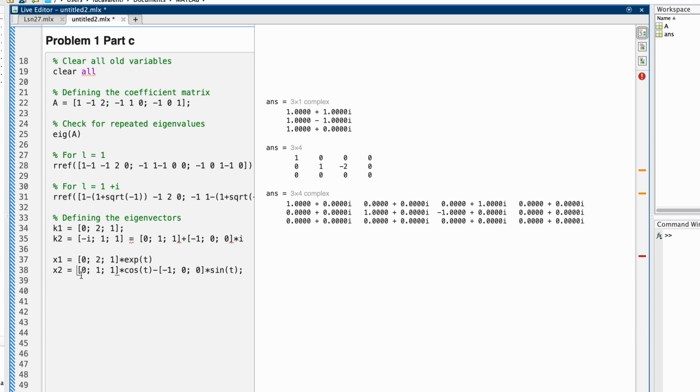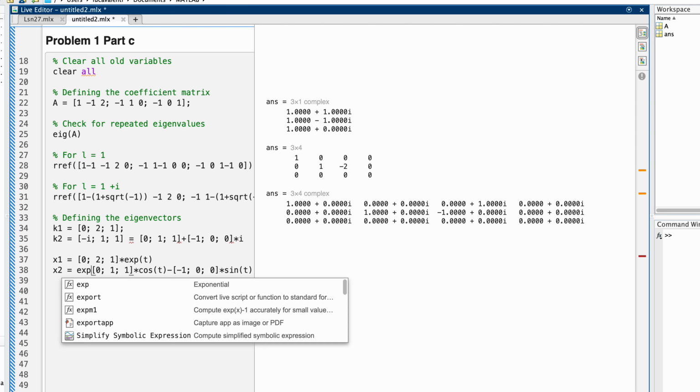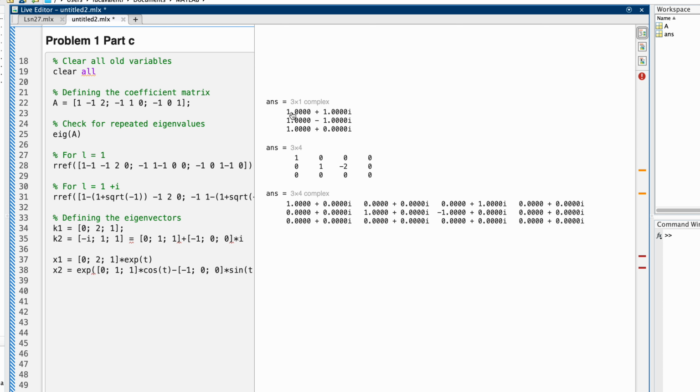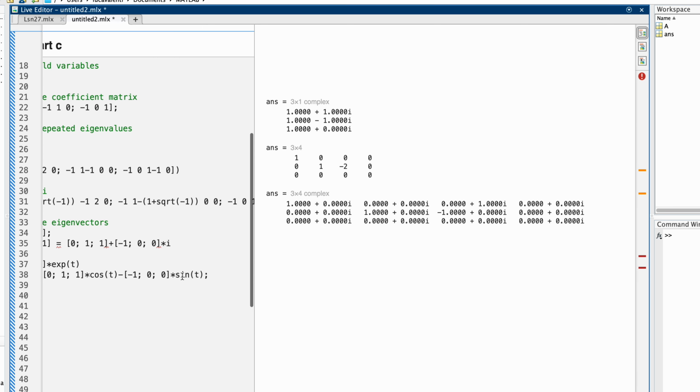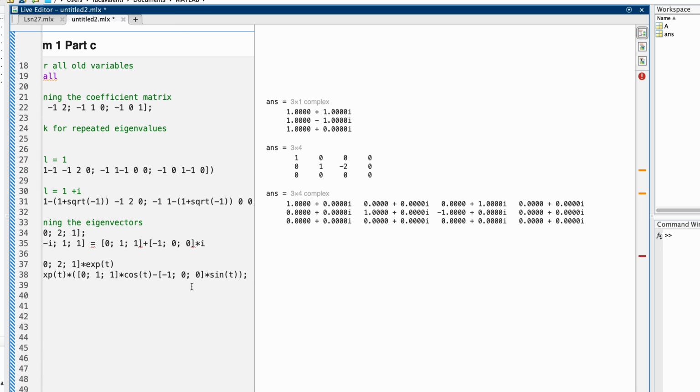Now, everything has to be multiplied by e to the 1t, so just e to the t. And this comes from a theorem that I explained in playlist 10.4. And this is going to be one of our solutions.